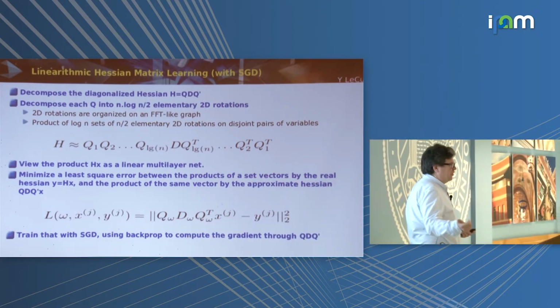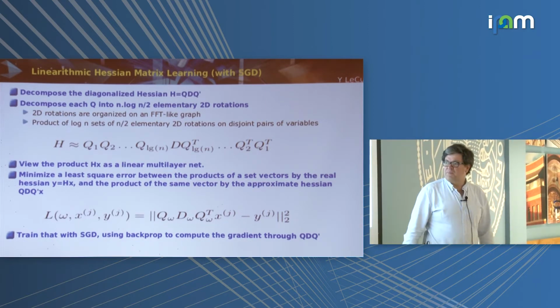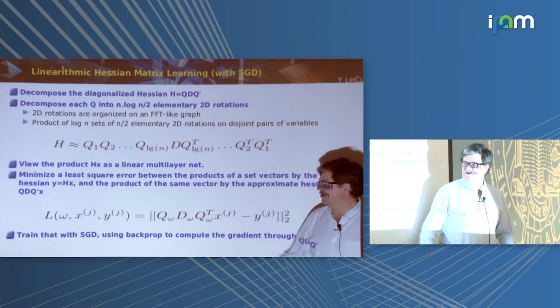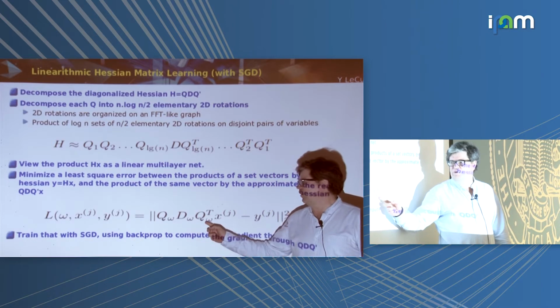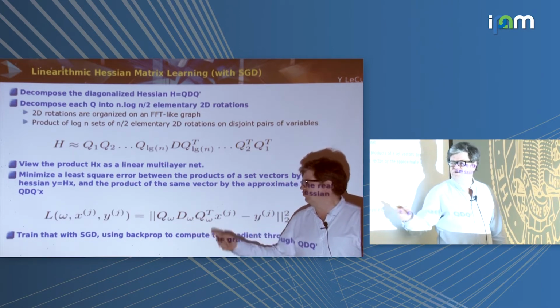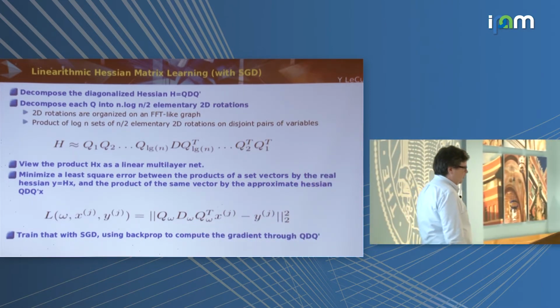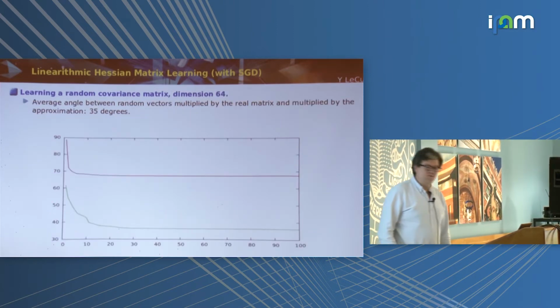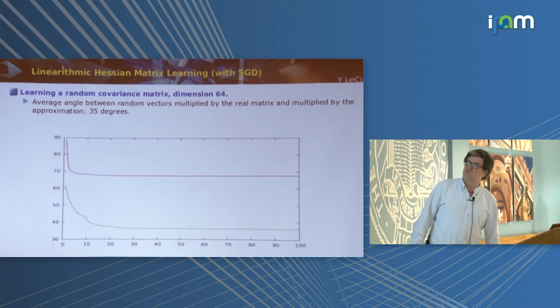This would be a symmetric matrix that we try to approximate. We see if you can train the symmetric matrix parameterized this way by rotation, diagonal, rotation transpose, and how close you can get. And the answer is you can get quite close.